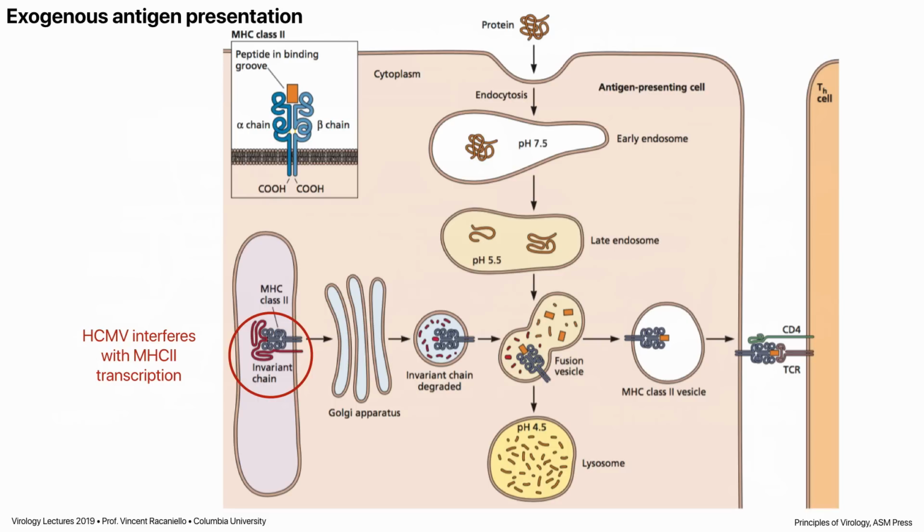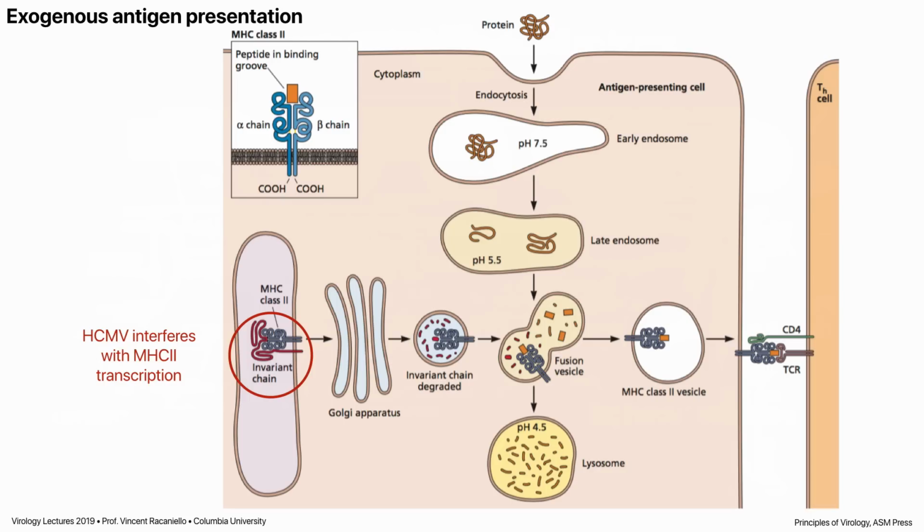In particular, a herpes virus, human cytomegalovirus, interferes with transcription of MHC class 2, so that prevents the display of peptides, viral peptides, on the cell surface, and of course that's going to inhibit an adaptive response. And human cytomegalovirus, another virus that all of you eventually will have, causes lifelong persistent infections.